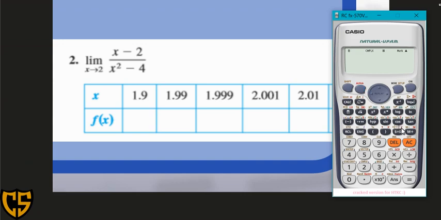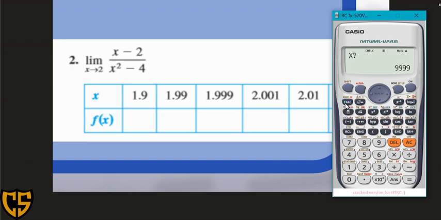The best way is to use your calculator and its calc function. So we have x minus 2 all over x squared minus 4. This is our equation. We are going to calculate.